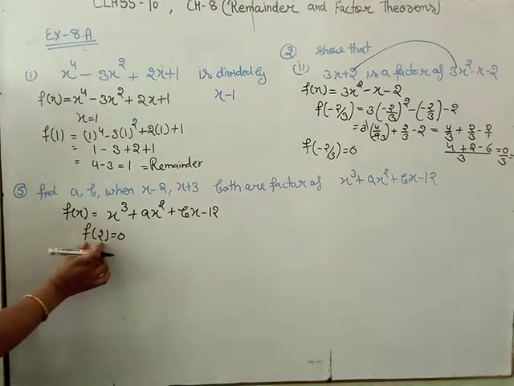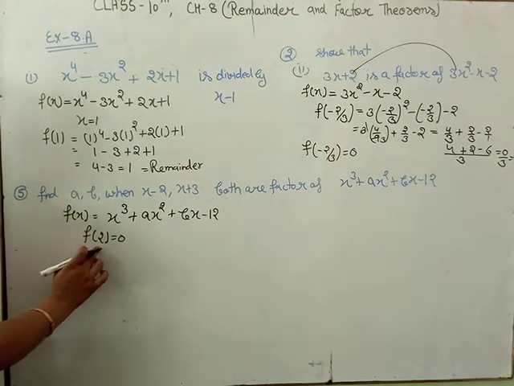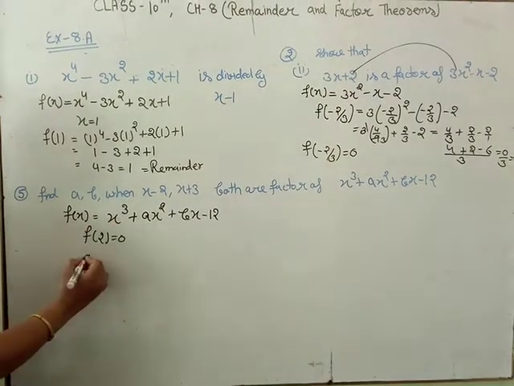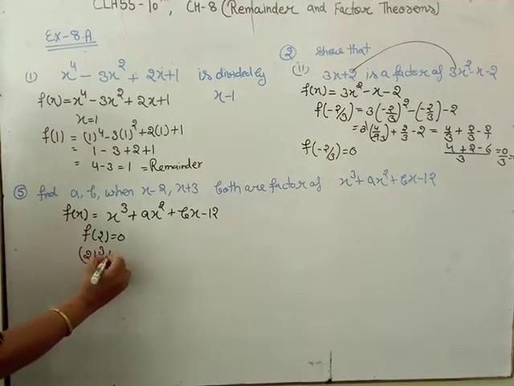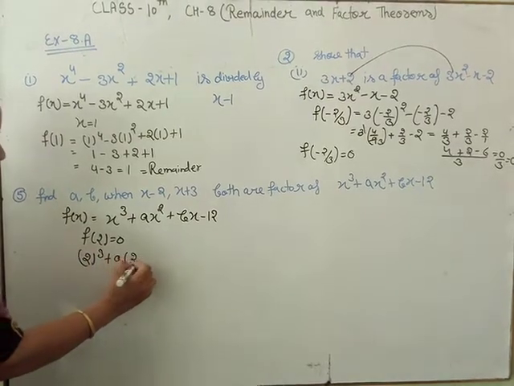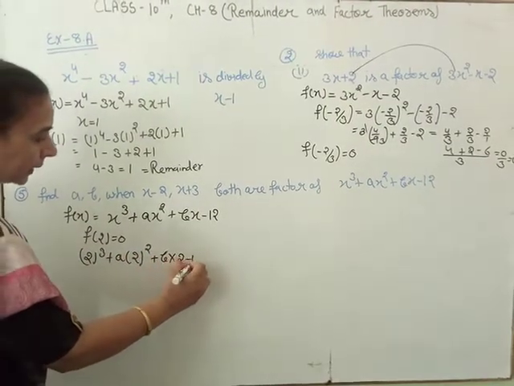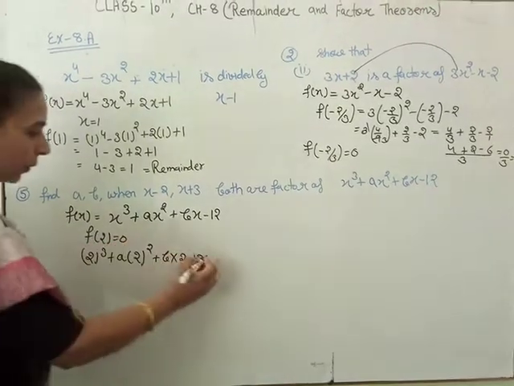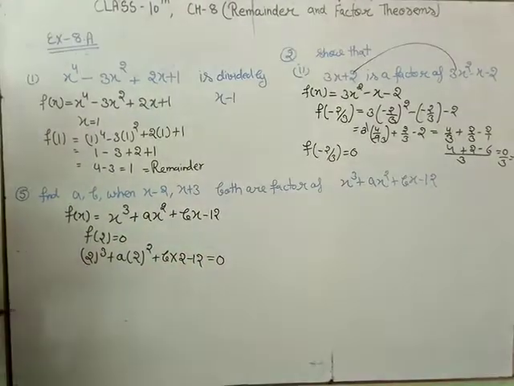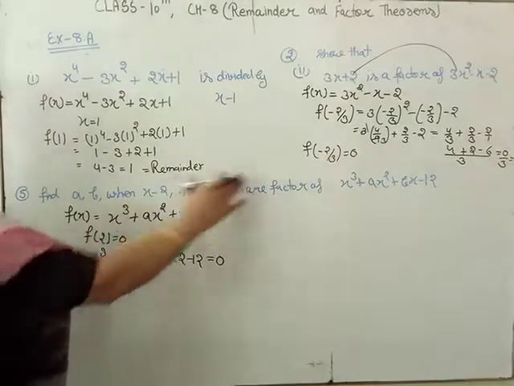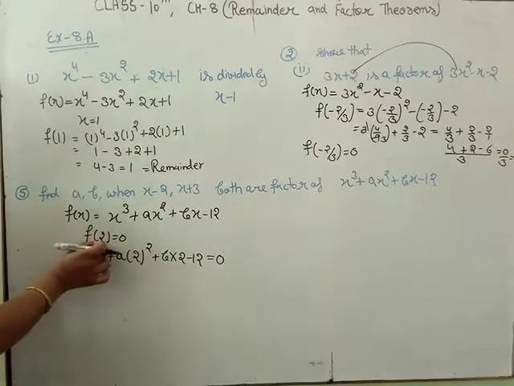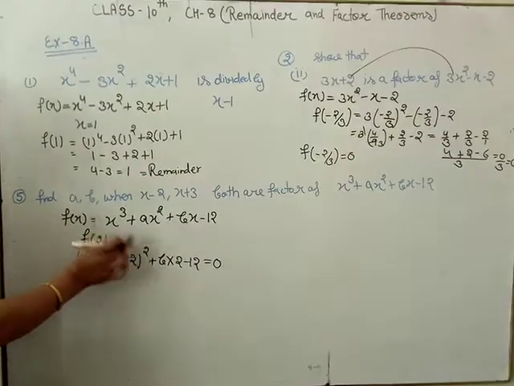We find f of 2: in place of x, we write 2. Then 2 raised to the power 3 plus a into 2 raised to the power 2 plus b into 2 minus 12, and this equals 0. This equals 0 because x minus 2 is a factor, so we use f of 2 equal to 0, because it is given.